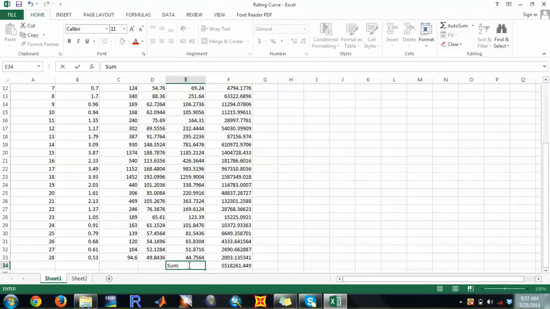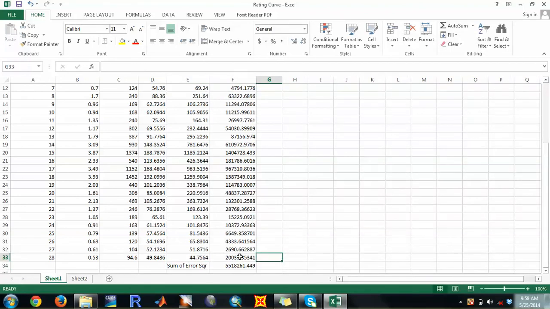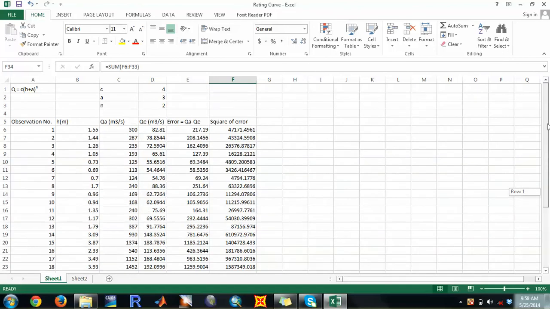This is the sum of error square. What we are going to do is use the optimization function that can minimize the error and give us the values that minimize it.